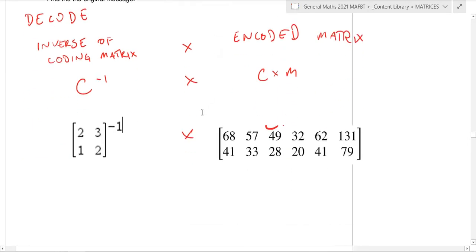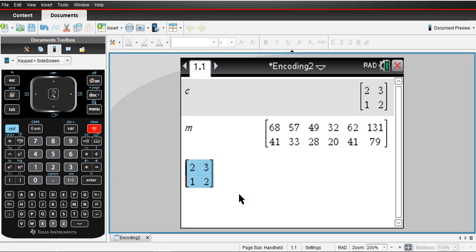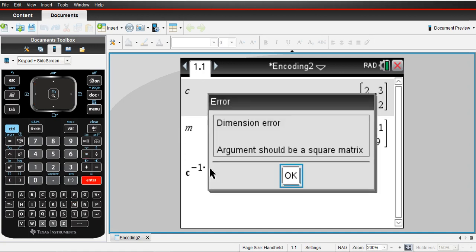So let's do that on my calculator. C inverse, same thing as what I just did before, multiplied by, oops, make sure you press the right button, because if you don't, your cursor stays up here, and if I go multiply by M, I don't think it'll work. Exactly.